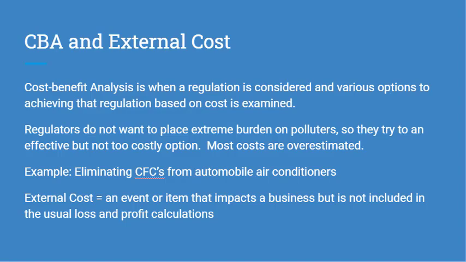External costs are something that happens when you have an event or an item that impacts a business and it's not included in the usual loss or profit calculations. A lot of the environmental issues that occur have impacts on companies and they're not always able to calculate that. That's why triple bottom line is a better gauge to figure out how companies are affected by the environment. One of the examples from your book was invasive species. I always think of a vine down in the south, kudzu.